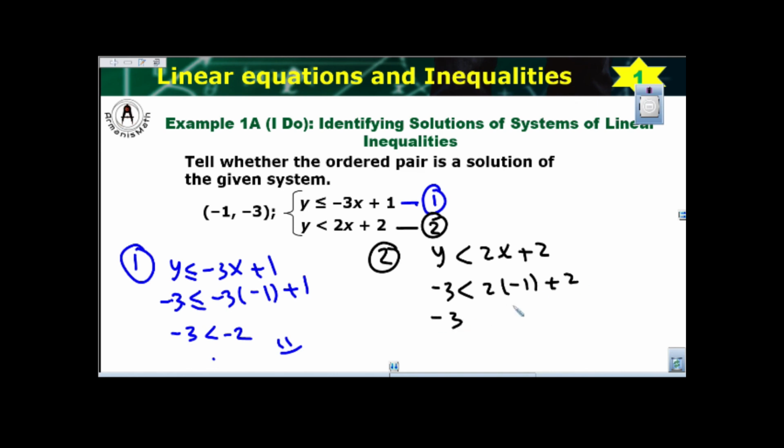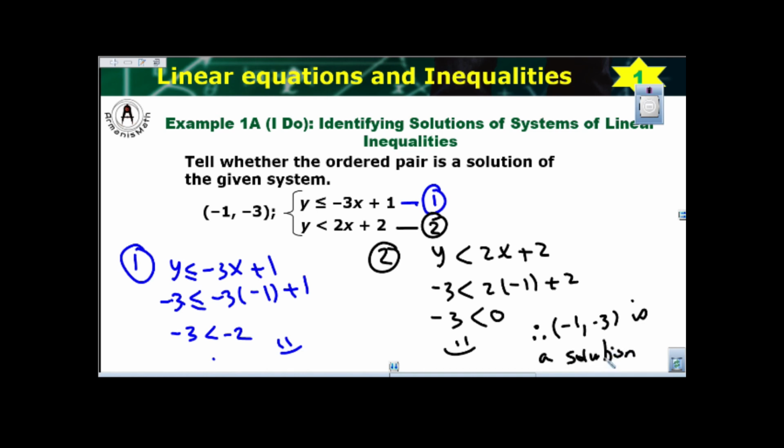That's -2 plus 2, which is 0. Is -3 less than 0? Yes. So I would say this one is a solution. You could use these 3 dots in math, which mean therefore or then. -1, -3 is a solution.